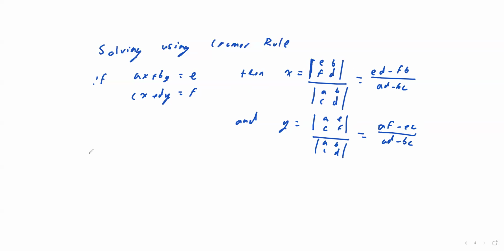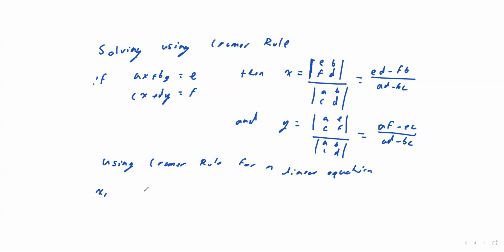Now, we can also use Cramer's rule to find an infinite amount of linear equations. So using Cramer's rule for n linear equations, it's a little bit more work, but can still be the same.